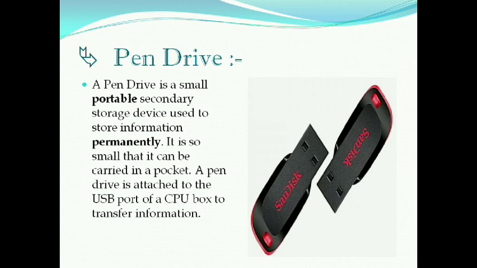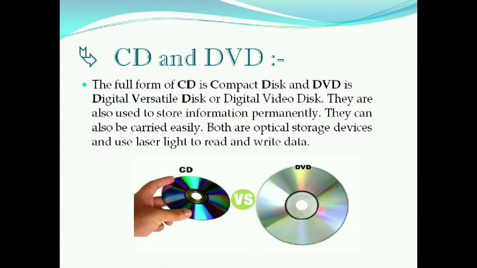So let's come to the next topic, CD and DVD. The full form of CD is compact disc, DVD is digital versatile disc or digital video disc. They are also used to store information permanently. They can be carried easily.